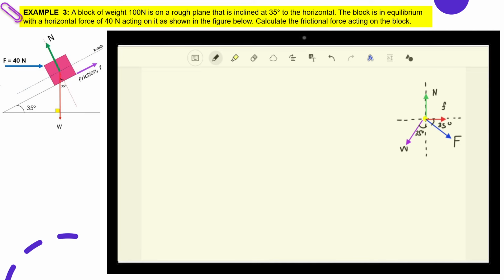So make sure you know how to draw all the forces on the object correctly. Alright, so the block is in equilibrium. Perkataan equilibrium means that the total force in x component is equal to 0 and the total force in y component is also equal to 0.